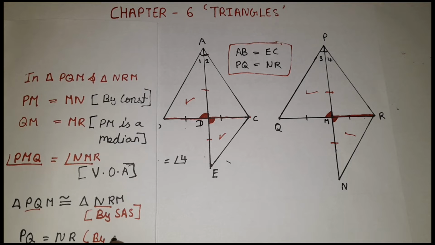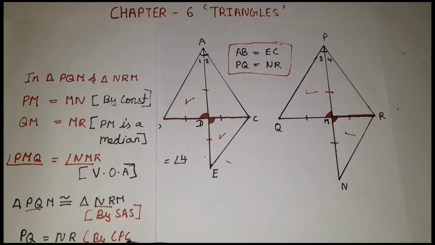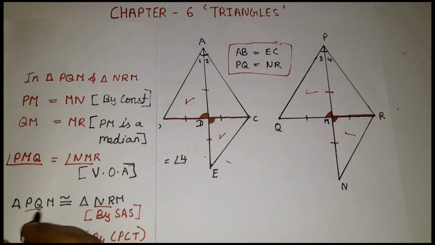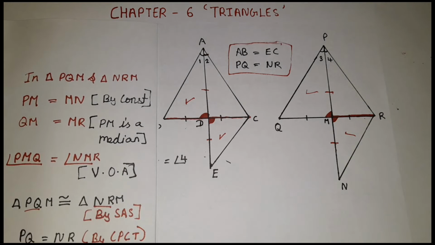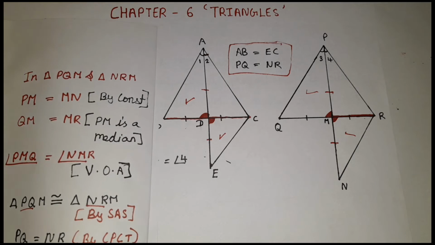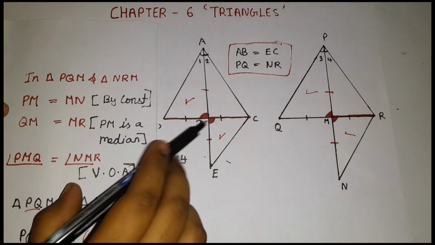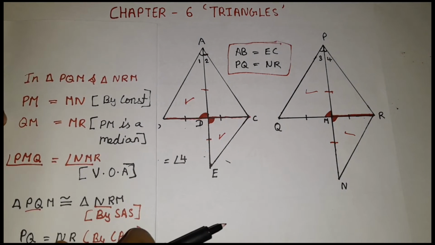Whenever we prove something is congruent and we abstract the value, we usually write CPCT, only while proving it as congruent. I guess while proving these both triangles also, we wrote CPCT.